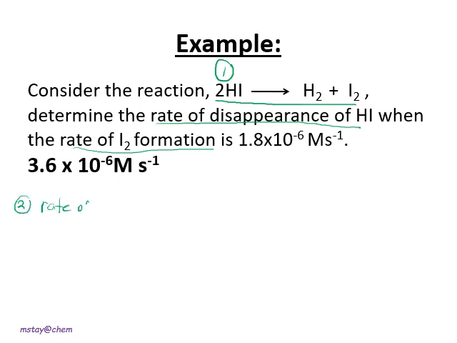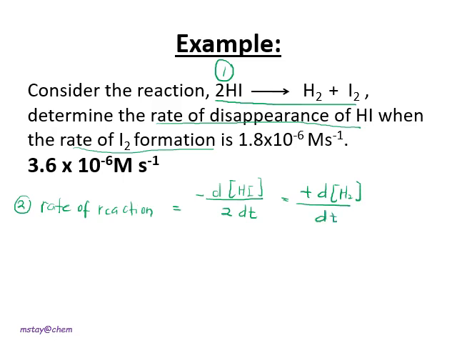So rate of reaction equals negative d[HI] over 2 dt, and then equals positive d concentration of hydrogen over dt, and also equals plus d[iodine] over dt.